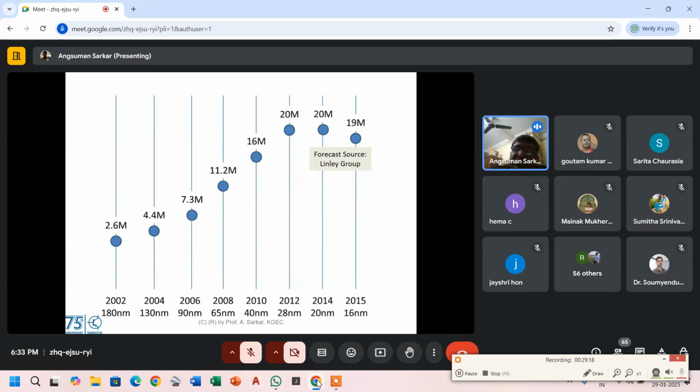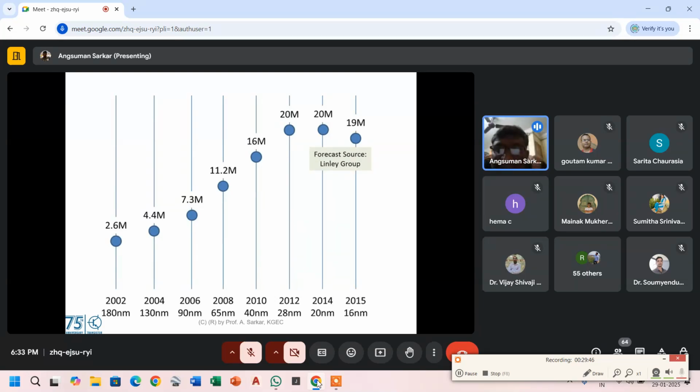So up to 2010, the trend predicted by Gordon Moore was followed. The number of transistors doubled or came close to double, and the technology node decreased from 180 nanometer to 40 nanometer.